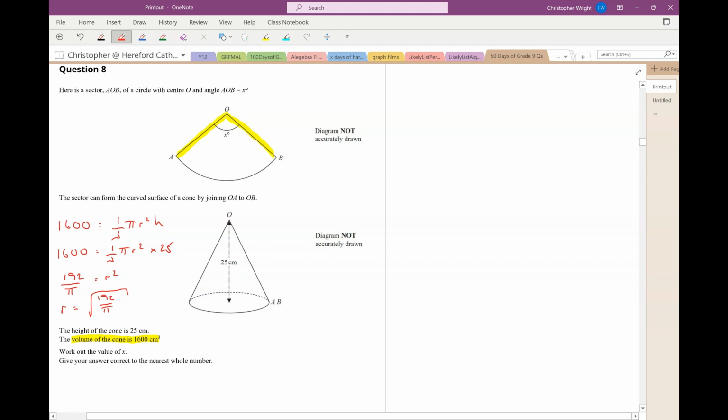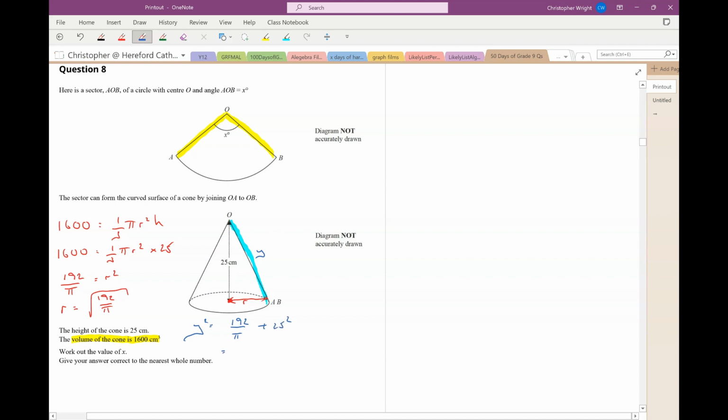Right, so that means that I know that length there, which means that I can find the length from O to A by using Pythagoras. Let's call that y for a moment. So y squared is going to be r squared, which is 192 over pi, square rooted, squared, plus 25 squared.